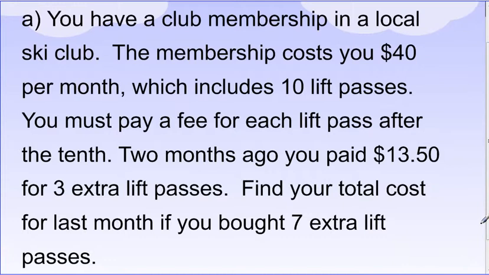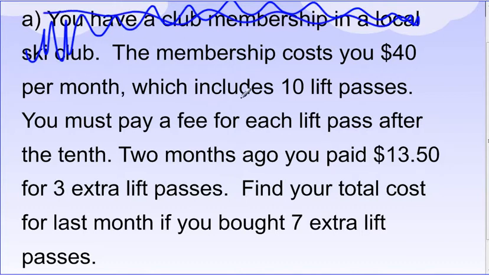Okay, so if you're thinking about what's the important information here, first part is really not that important. This is garbage. Membership costs $40. Sounds important. Oh, $40 per month. That sounds important. Which includes 10 lift passes. Maybe important. You must pay a fee for each lift pass after the 10th.